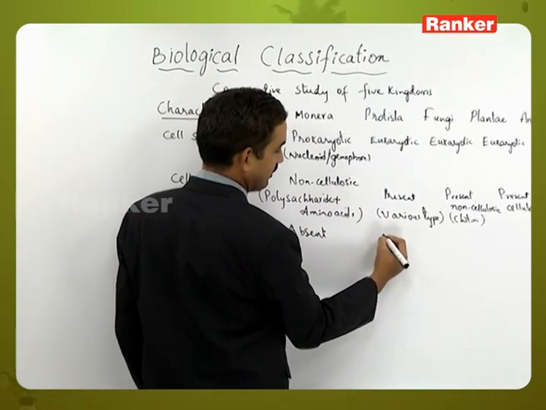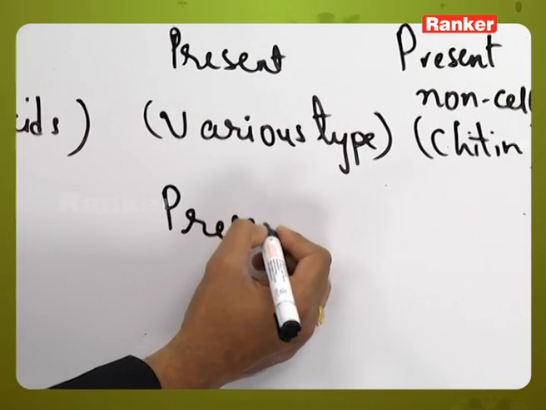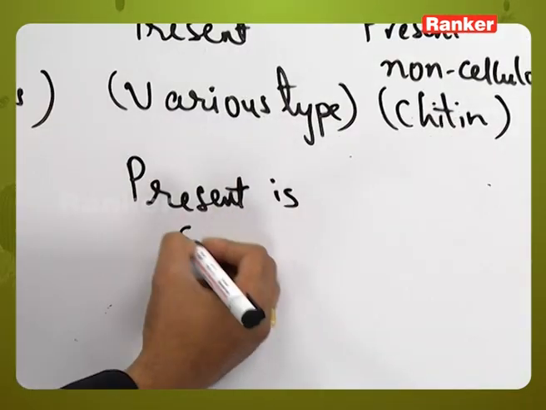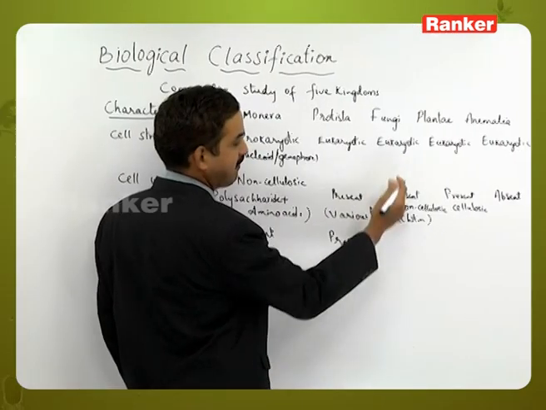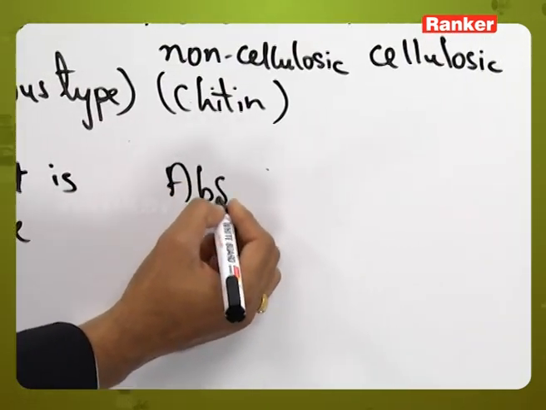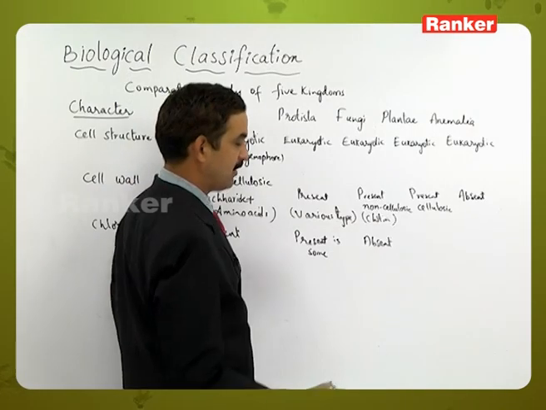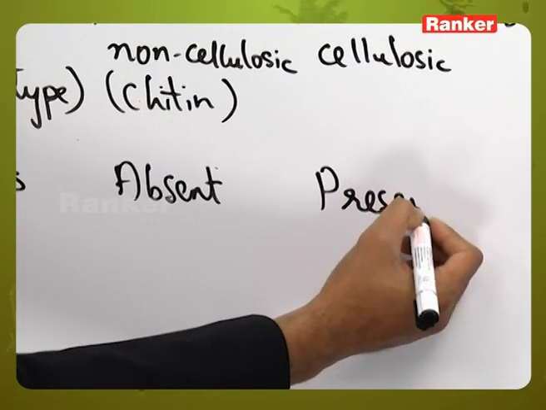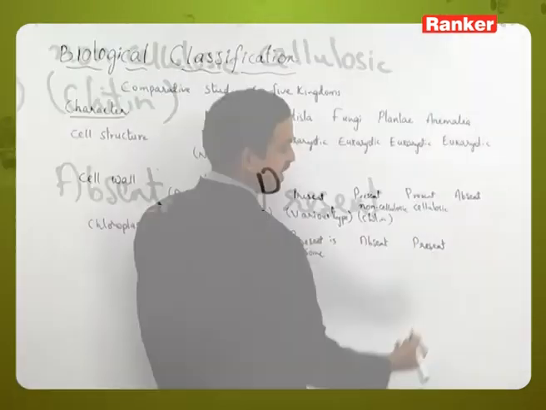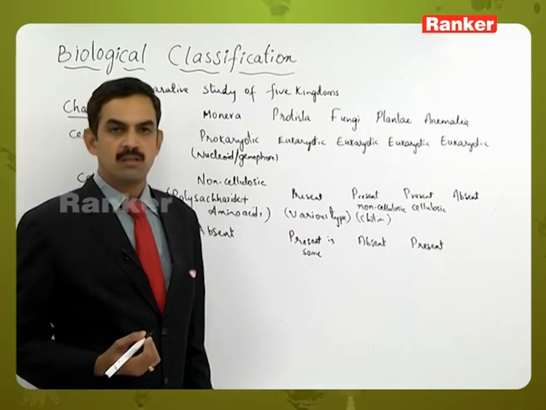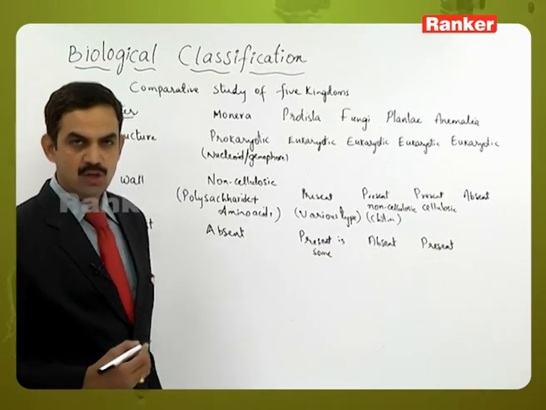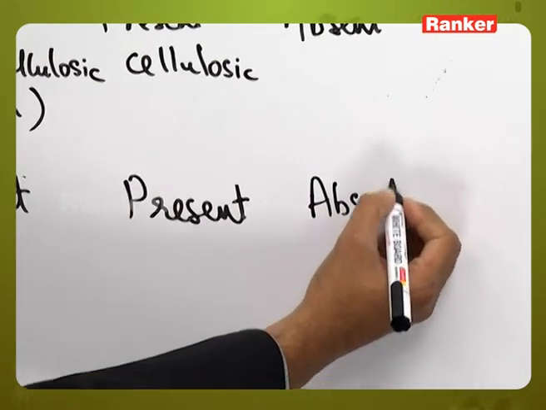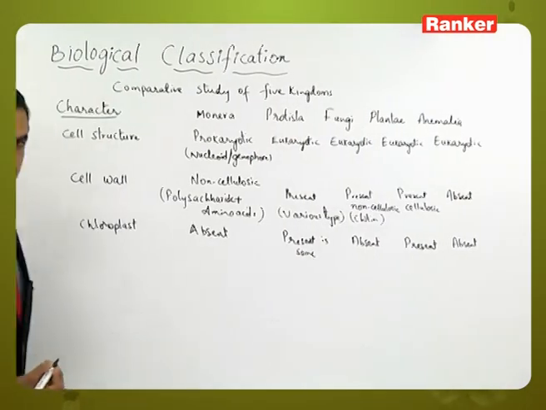In Protista it is present, but not in all of them, only in some. In fungi it is absent, because fungi are heterotrophic in nature, and Plantae have chloroplast in them. Whereas Animalia are not autotrophic, they are heterotrophic in nature, so in Animalia also chloroplast is completely absent.